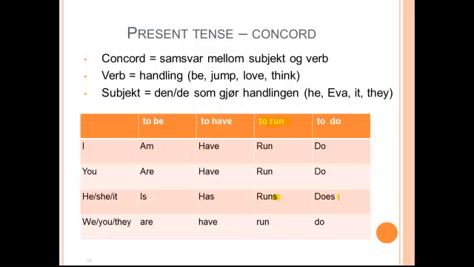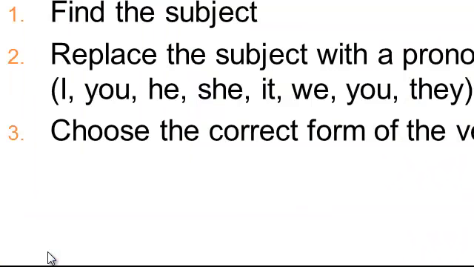And it's almost the same with do. It becomes does with es in the end, and that is the correct form of the verb when the subject is he, she, it. And we're going to look at a few examples now.